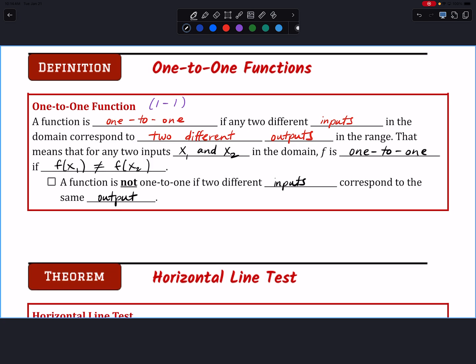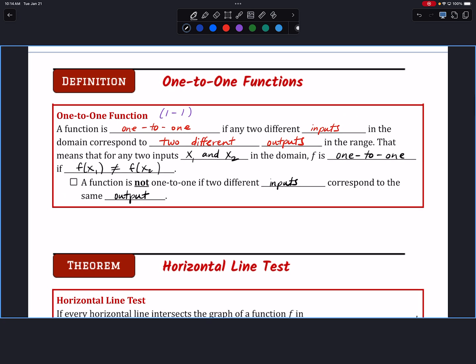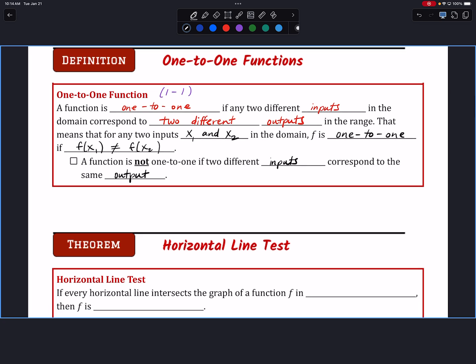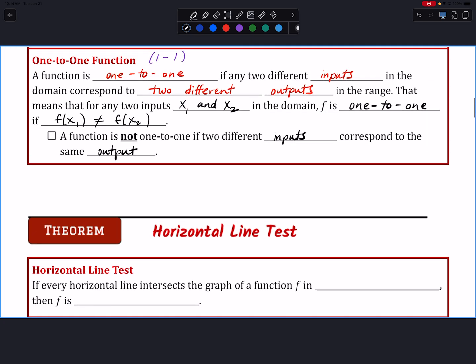So the way that we talked about it in Math 3, and then also last semester, is the way that we can prove it is by using the horizontal line test. Is everybody good on the first box?